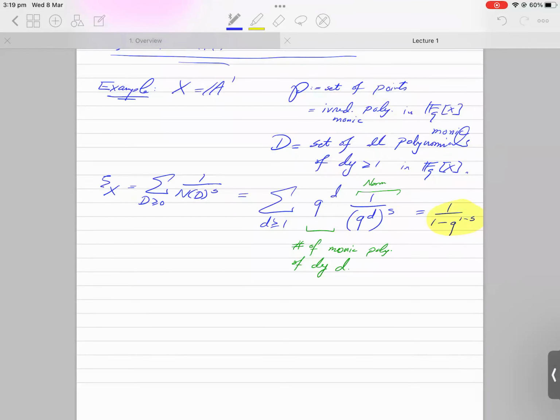So remember, we can compactify R, and the one-point compactification becomes the circle. Okay. Similarly, we can compactify A1, and that's just going to be A1 adjoining one point at infinity.